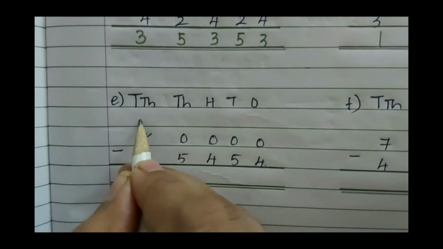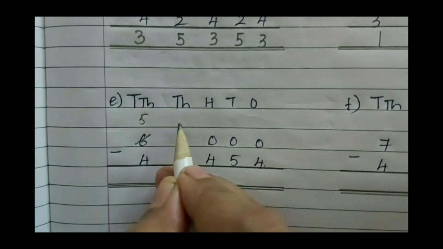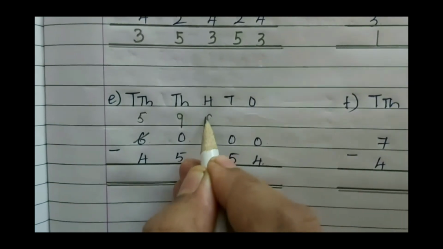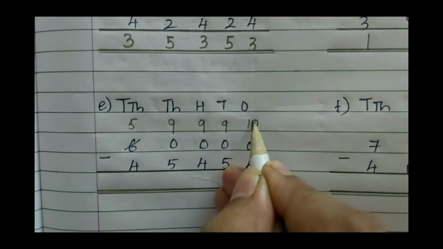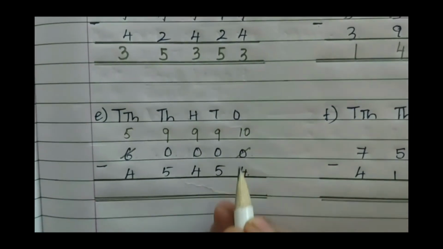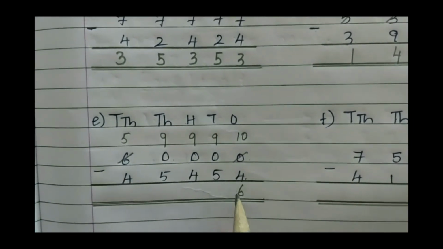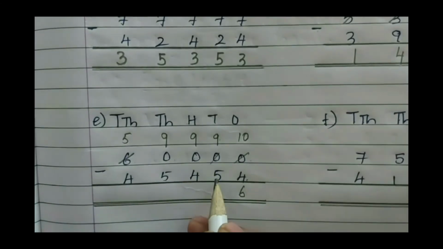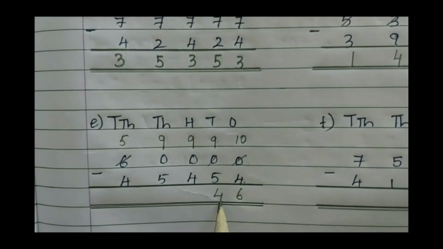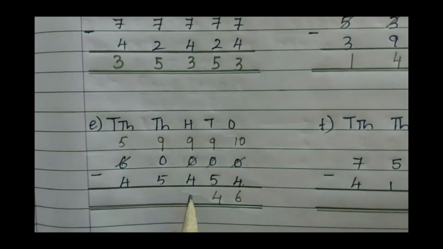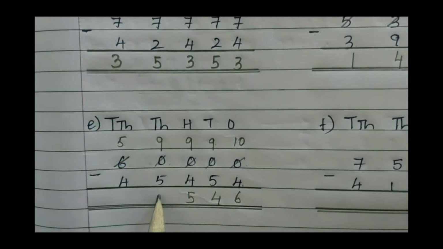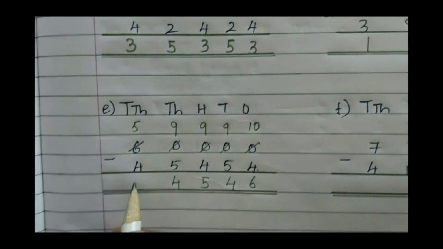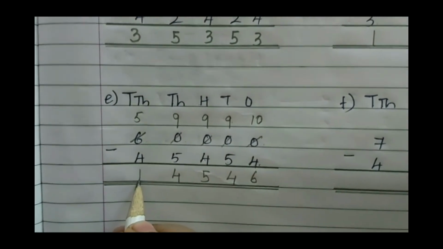We are going to cut and write down as 5. Then comes 9, 9, 9, and the first one will become 10. 10 minus 4, it is 6. 9 minus 5 will be 4. 9 minus 4, it is 5. 9 minus 5, it is 4. 5 minus 4, 1.